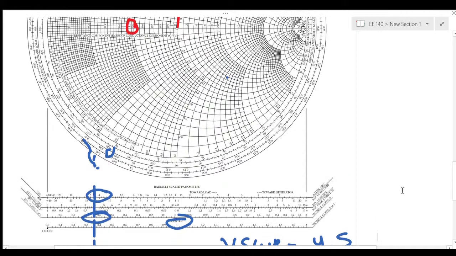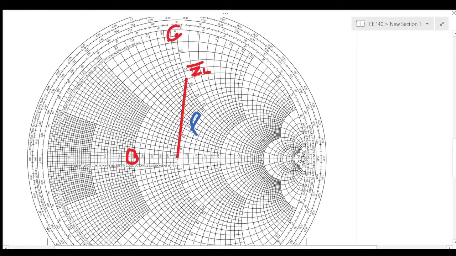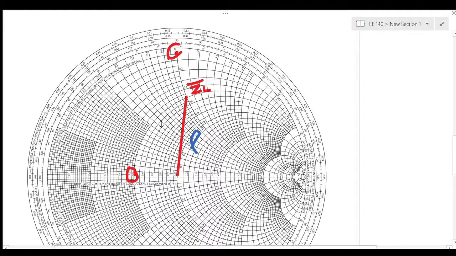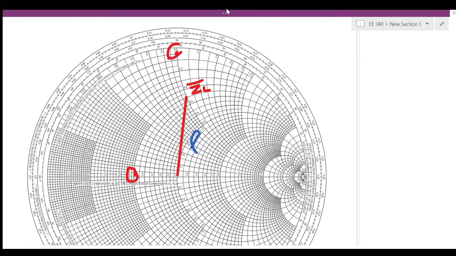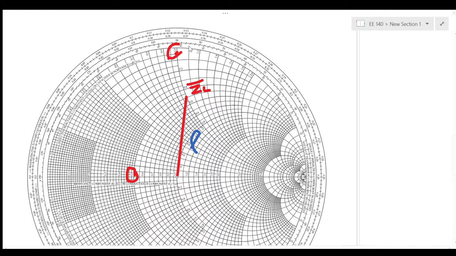So then we're going to go up. Let me just erase this. Okay. Let's go back up to the line that we drew from the origin to ZL. To find the angle of our reflection at load, we would just need to extend this line. So the angles are read from here.